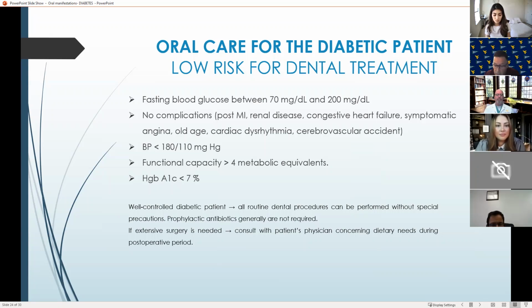And here we can see the following characteristics for this group: a fasting blood glucose between 70 to 200 milligrams per deciliter, no other complications, blood pressure, you know, in the normal range, functional capacity good, and HbA1c less than 7%. So if extensive surgery is needed for these individuals, consult with the patient's physician concerning dietary needs during the post-operative period. Next.